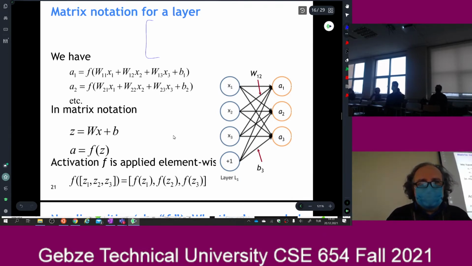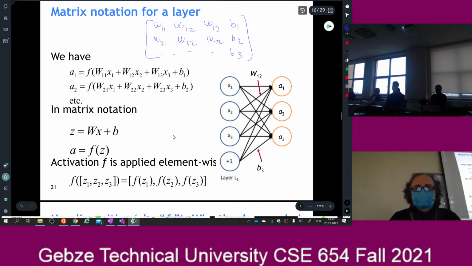I have a matrix like this, and it is W11, W12, W13, and B1, W21, W22, W23, B2, and etc. B3. And this one will be multiplied by my x1, x2, x3, and 1.